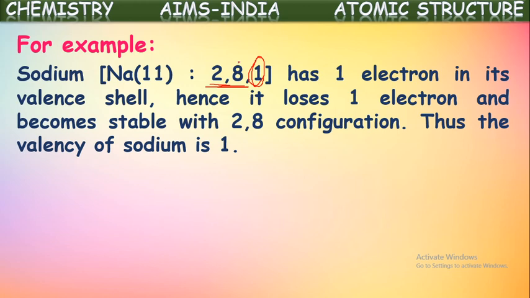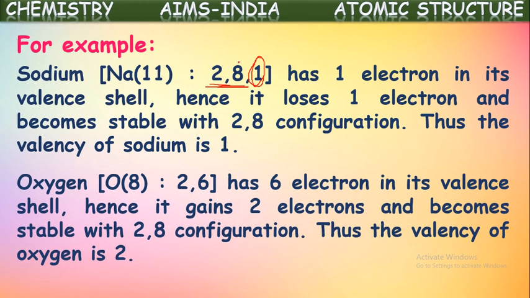Let us see one more example. Oxygen: its atomic number is 8 and its configuration is 2, 6. So it has 6 electrons in its valence shell. As it has more than 4 electrons, it will gain electrons. How many electrons are required for oxygen to get 8? 2 more electrons.